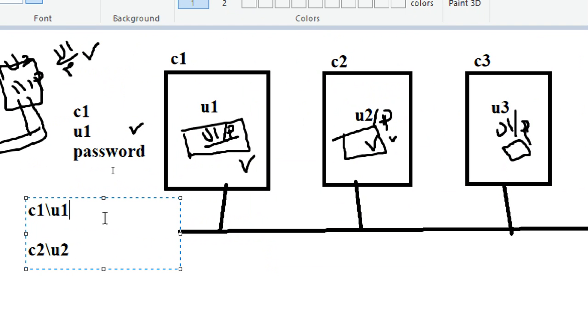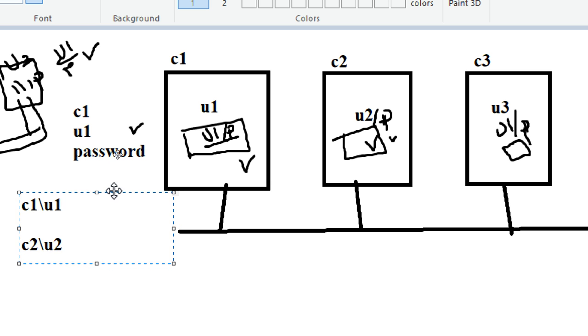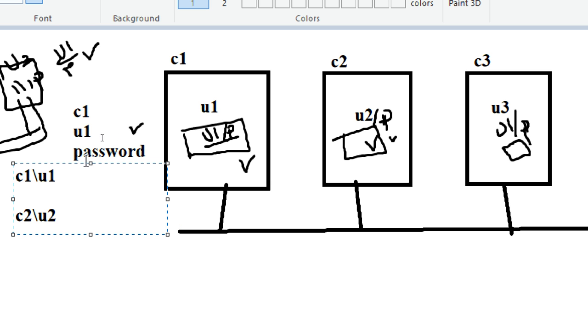This is an old-style account access, but it is still working. So try to understand: C1 slash U1 means C1 is the computer name and U1 is the user name. C2 slash U2 means C2 is the computer name and U2 is the user name.